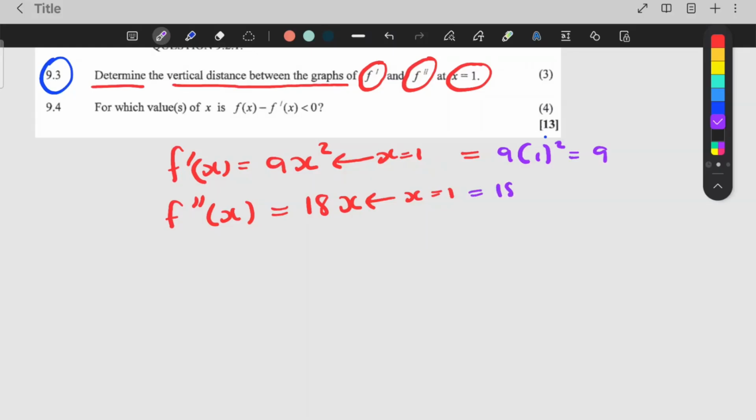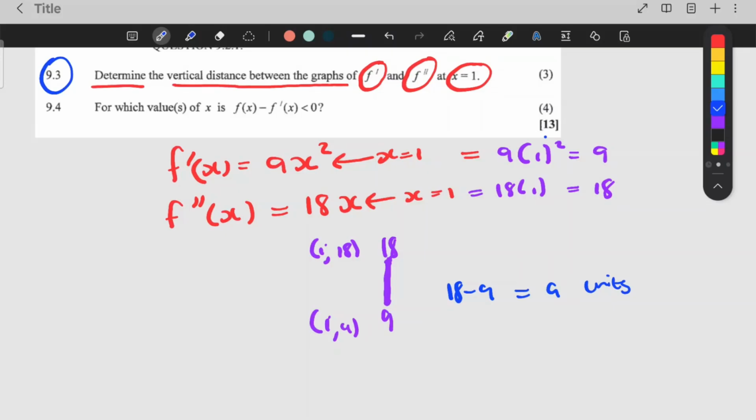And here, 18 times 1, I get 18. So the vertical distance between 18 and 9, remember, this point is (1; 18) and this point is (1; 9). So the vertical distance is 9 units. 18 minus 9 gives me 9 units.